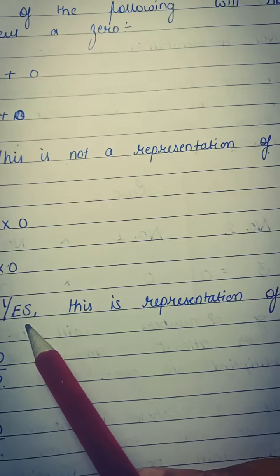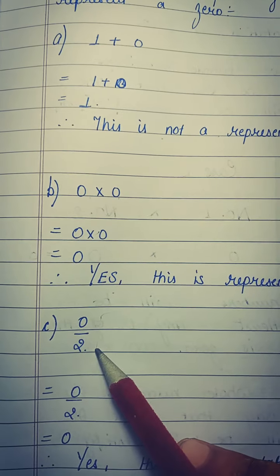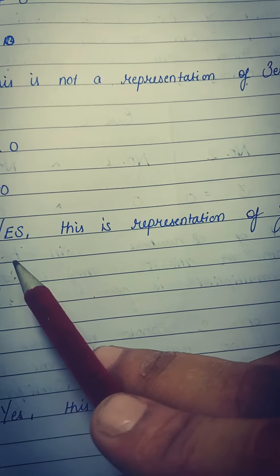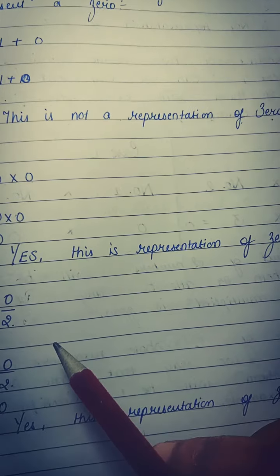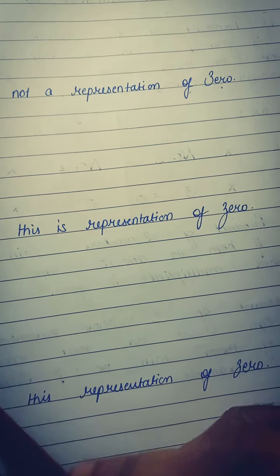Therefore, yes, this is a representation of 0. The third one, 0 upon 2. This is the numerator and this is the denominator. If the numerator is 0, the whole number becomes 0. So this is also a representation of 0.